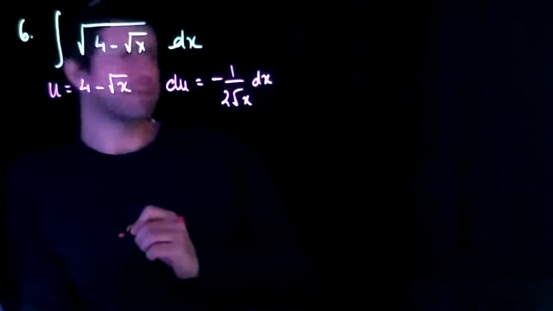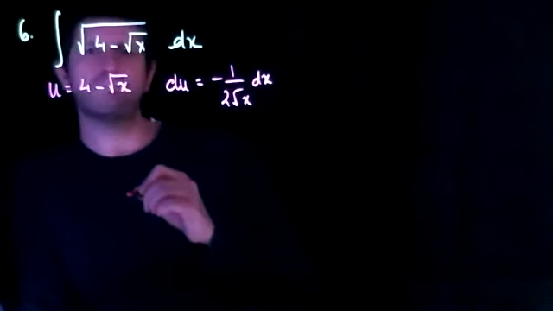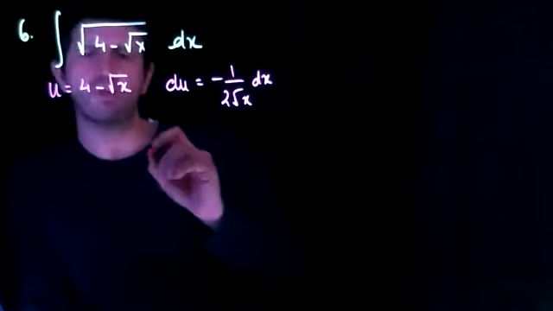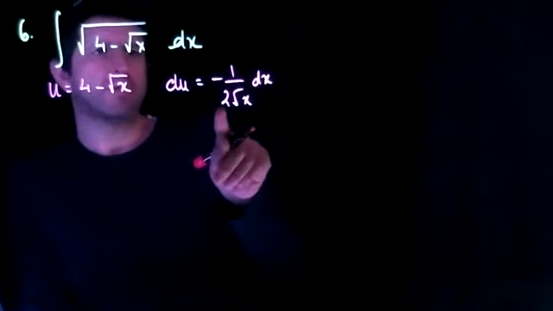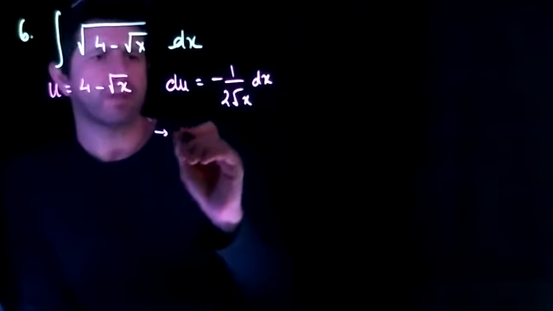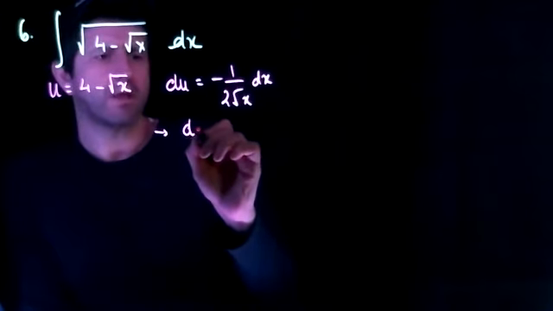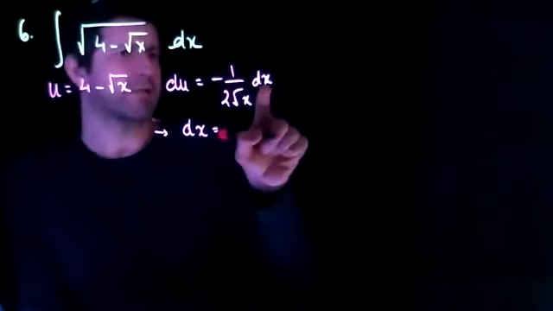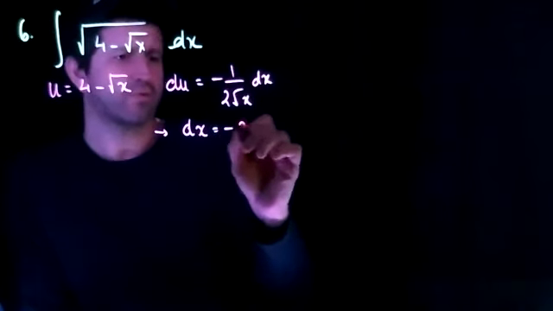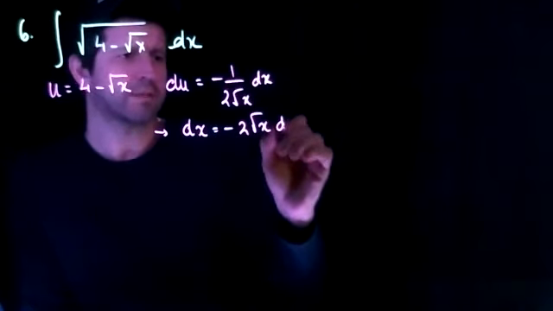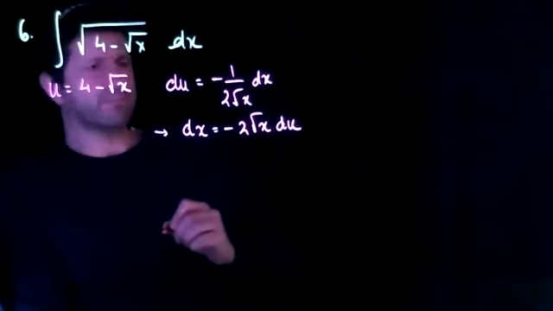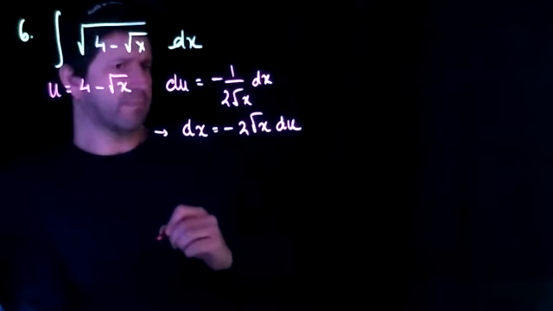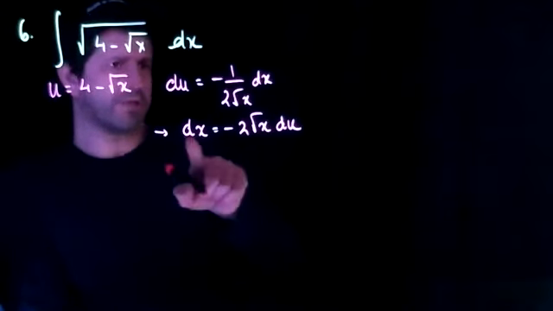And so, okay, these ones are tougher. The second part of the worksheet is tougher. And so dx is what? It is negative 2 root x times du. Okay, I'm just isolating the dx.